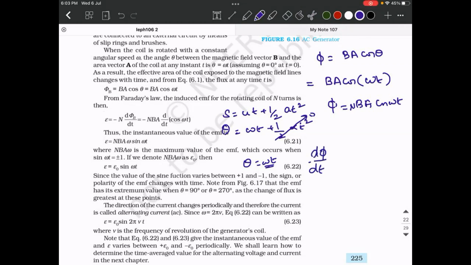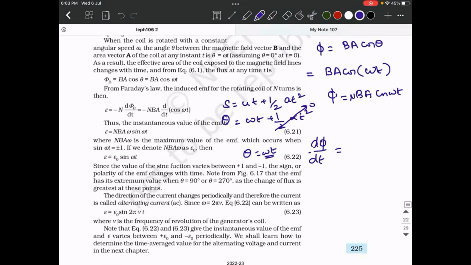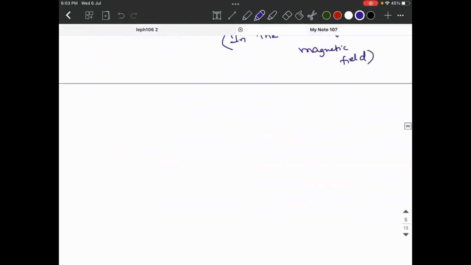So d phi by dt will be equal to, okay, just give me a minute, I'll write it on a fresh page. So the first step is phi is equal to BA cos theta, and phi will be equal to BA cos of omega t. Then what about d phi by dt? Okay, I'll add an n here. Are you able to understand why I added the n?